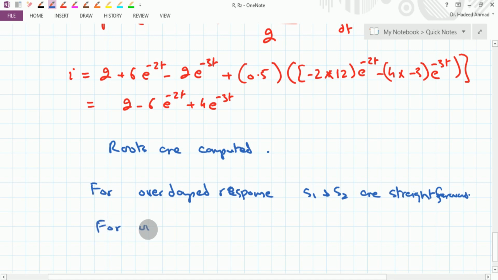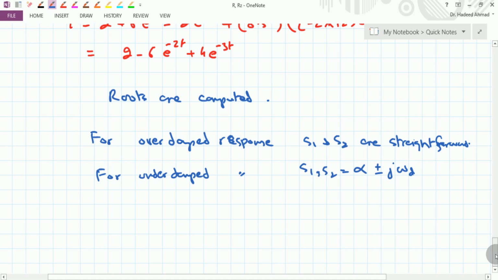For an underdamped response, S1 and S2 provide us information about the alpha and the damping frequency omega d. So these two values are used in the general expressions. For the critically damped response, the value of alpha comes from the root as given in here, and therefore you can solve all the three cases for any given circuit.